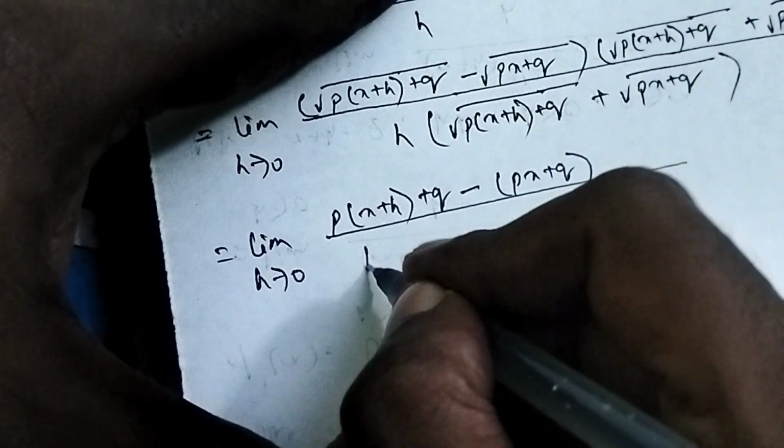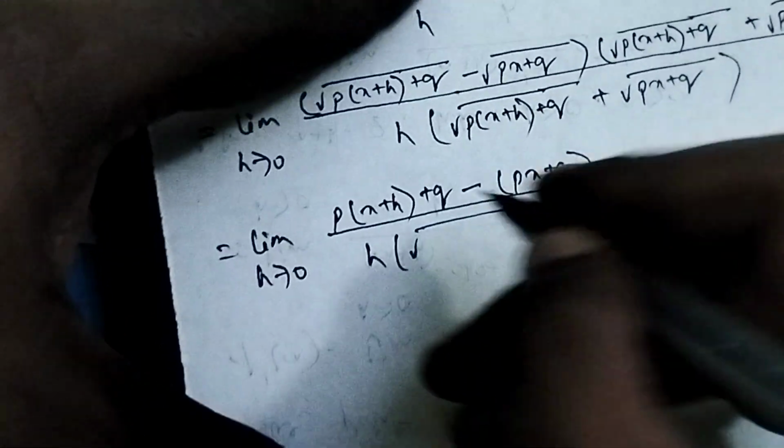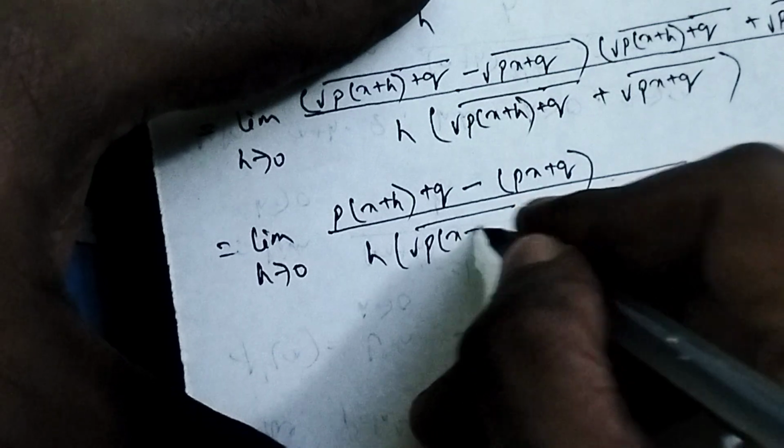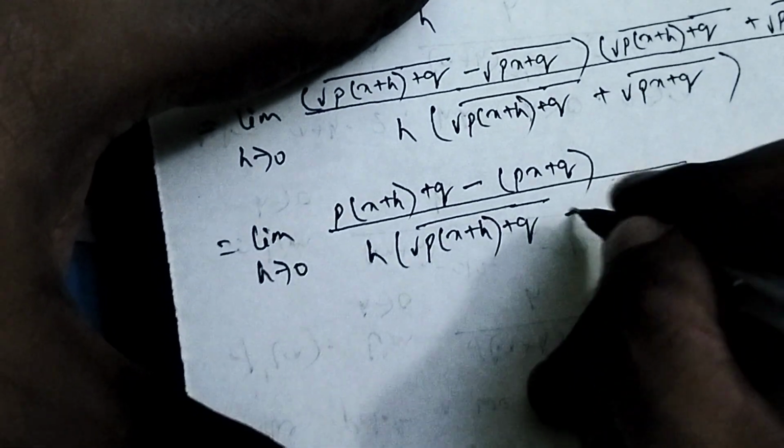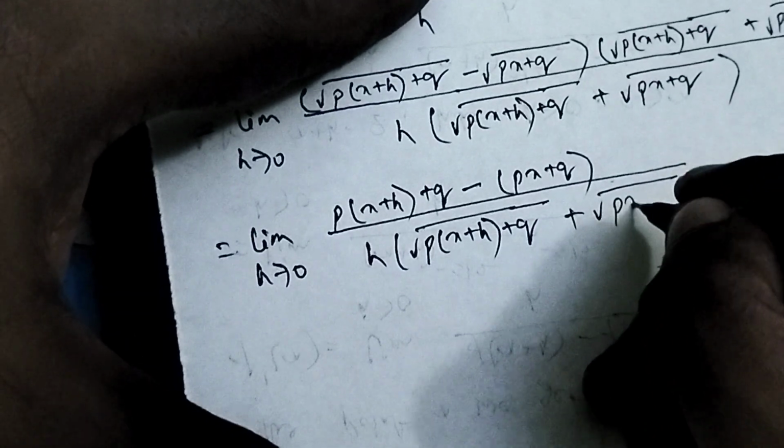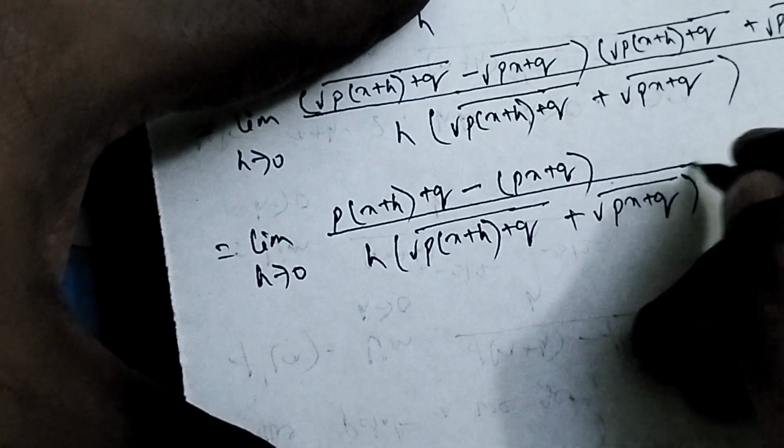Okay, is equal to h into under root p into x plus h plus q plus under root px plus q.